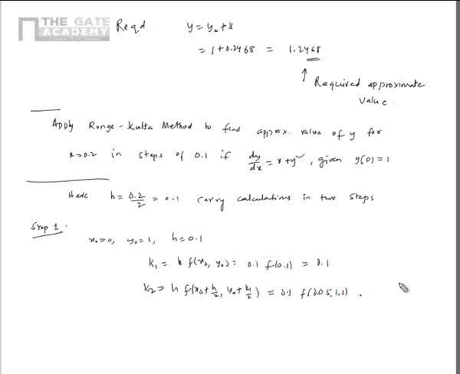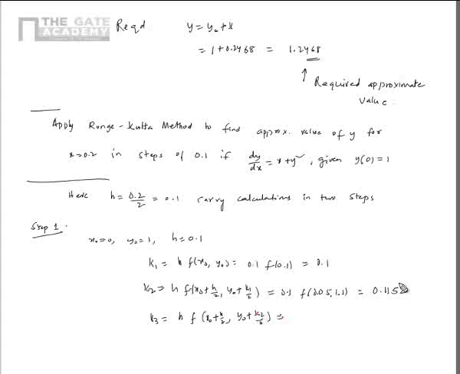So you have to just substitute x naught, y naught, h, k1 in the function f of x. So you will get 0.1152. This is after evaluating. Similarly, k3 will be h f of x naught plus h by 2, y naught plus k2 by 2.